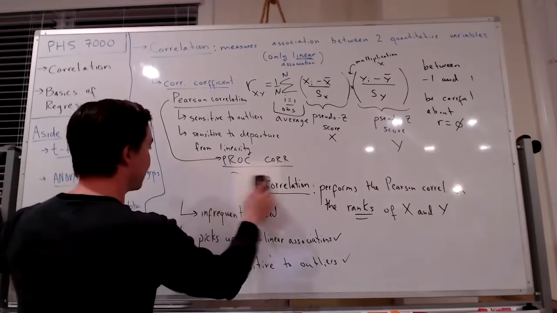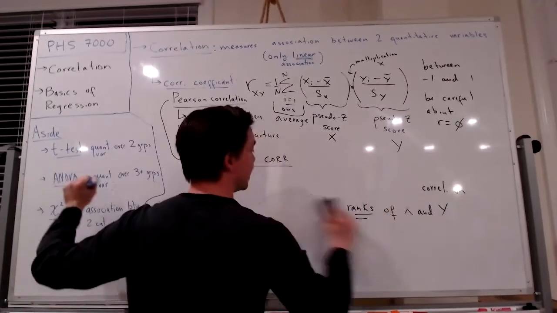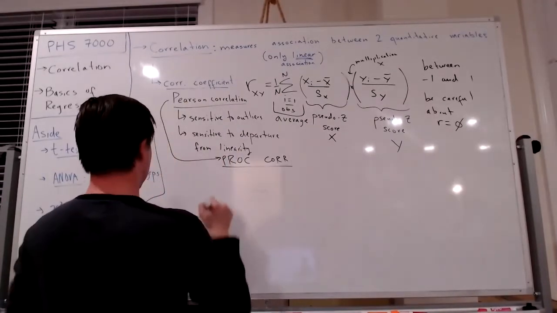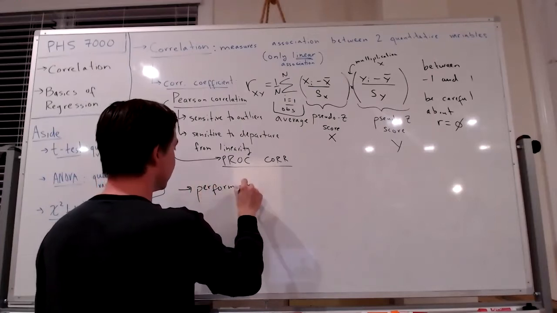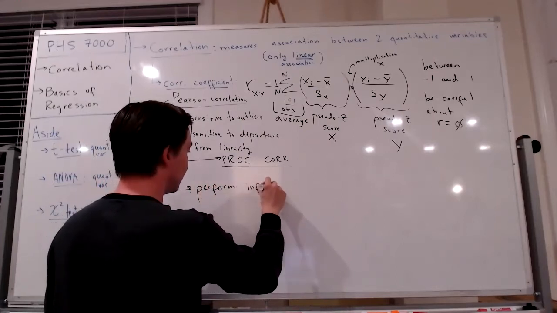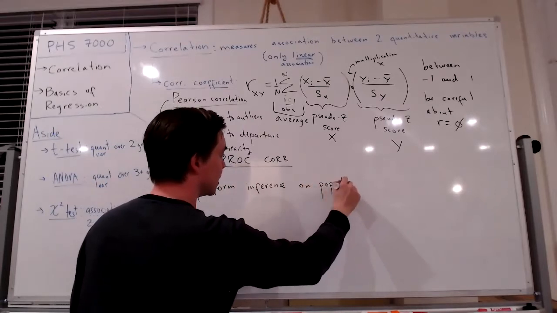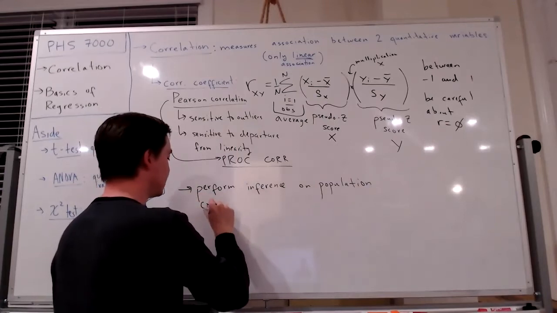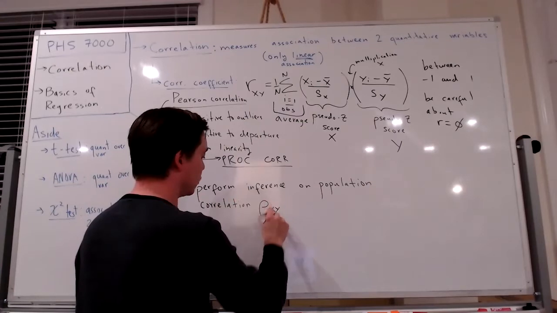You know, there's a couple of other things maybe worth noting. One is that we can perform inference on the population correlation, which is rho of xy, right?